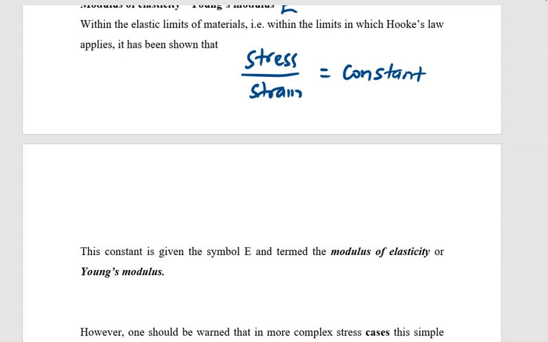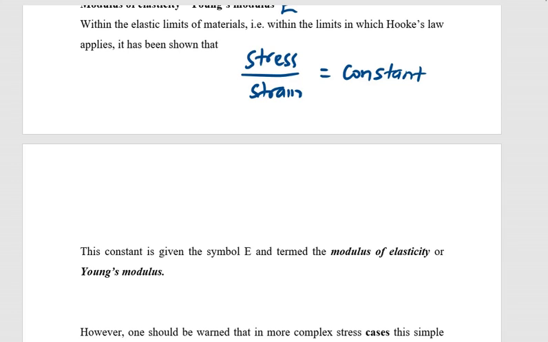Therefore this kind of a constant is valid only in the limits of Hooke's law. In other words, beyond the limit of proportionality, when this object is subjected to loading, it is no longer having this constant. In other words, it has lost it.